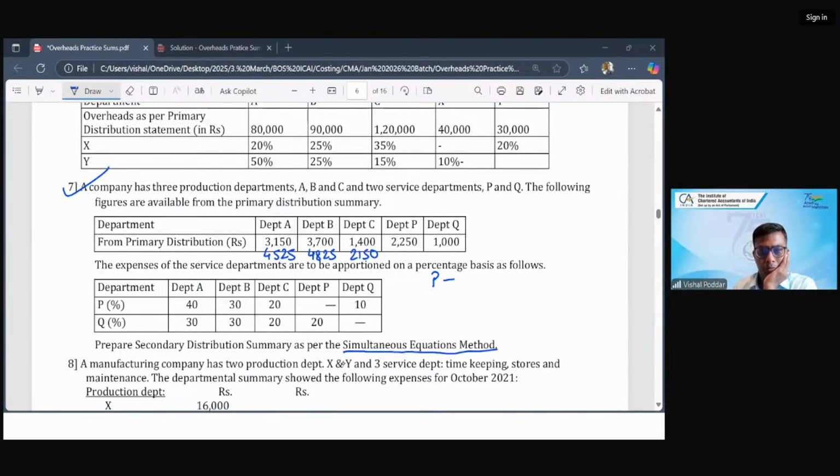So 2500 is the answer that you get by solving the simultaneous equation. Is this correct? Meenu, I don't think this can be correct. The total that you're telling me of P and Q cannot be correct, beta.